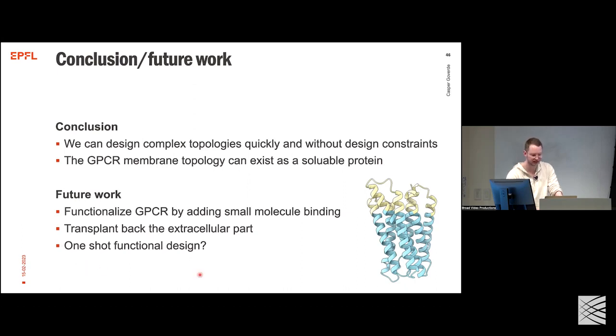We had a 60% success rate with these GPCR designs. So it would be interesting to design for function from the beginning and get a functional protein from your pipeline instead of having to go back to the drawing board and redesigning these GPCRs.